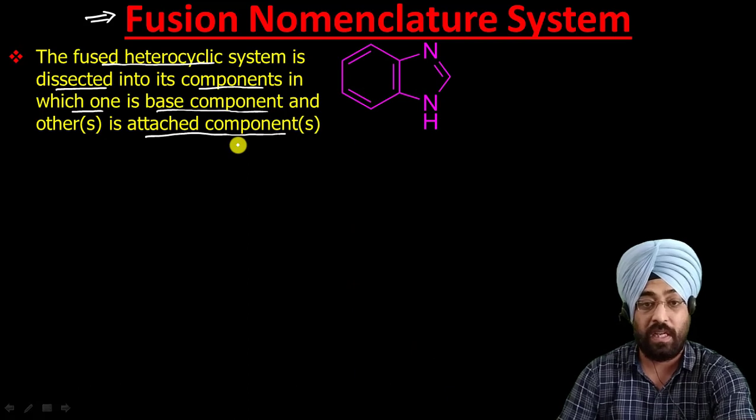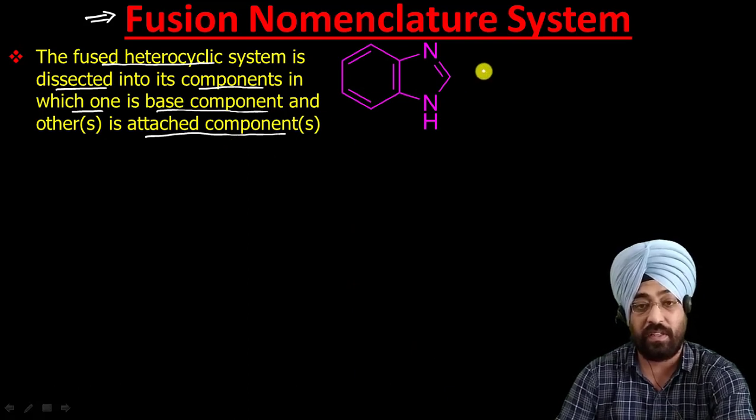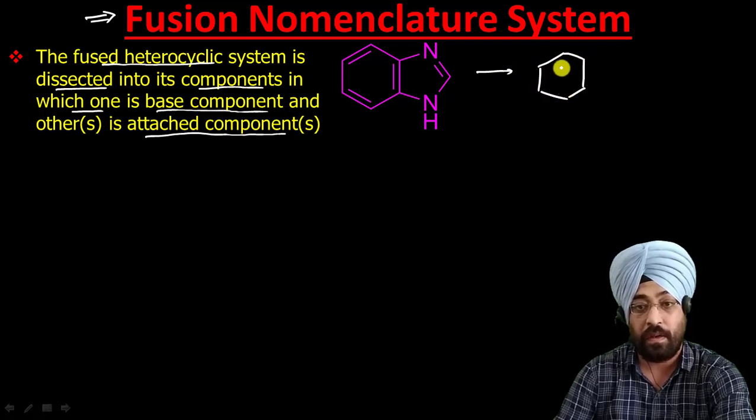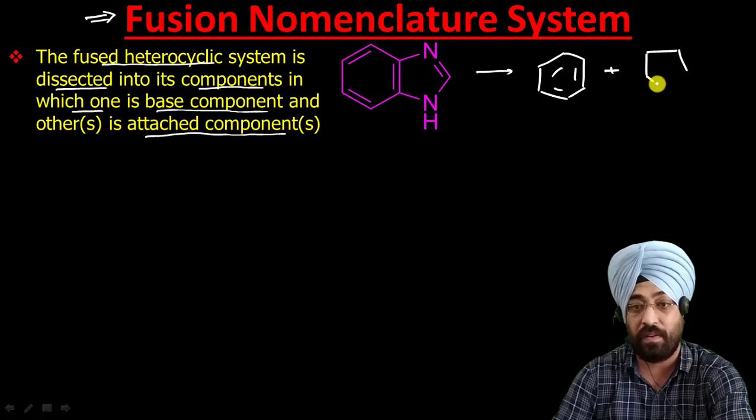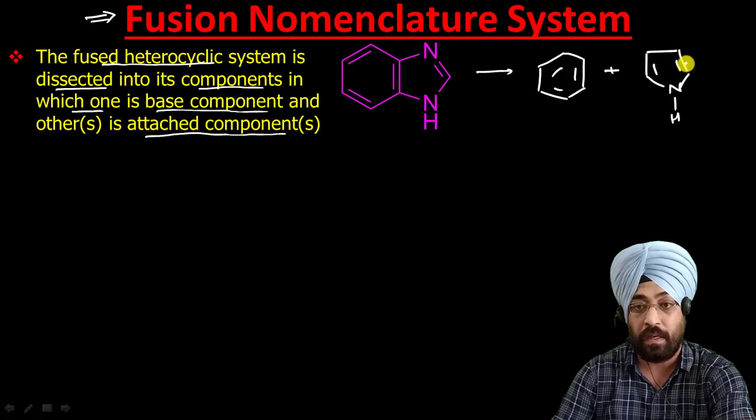Now suppose, if we carefully see, this structure can be split into a benzene ring and this other ring, and this double bond is shared by these two heterocycles. So both of them will have a double bond, NH, N, and here we have nitrogen.